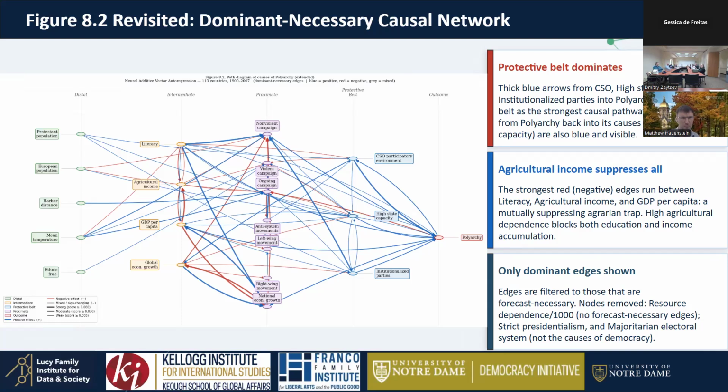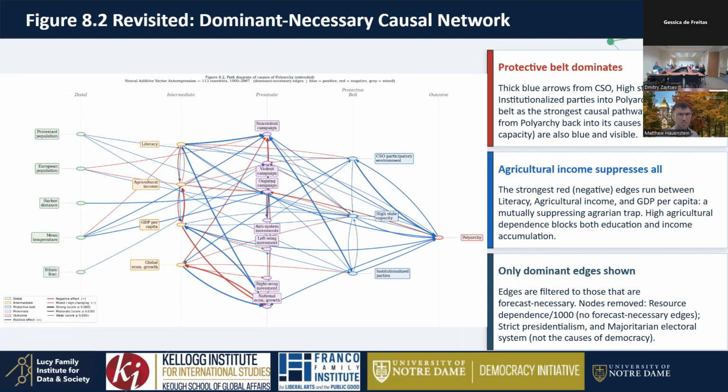So this finds some confirmation for the protective belt, but especially there are feedback loops from polyarchy to elements of the protective belt, and this is relatively new in this model. So not only do these elements of the protective belt influence each other and help stabilize, but polyarchy helps stabilize these things as well.